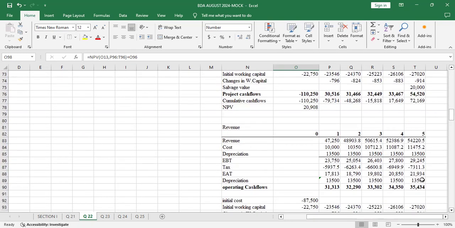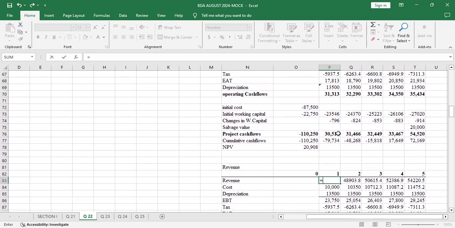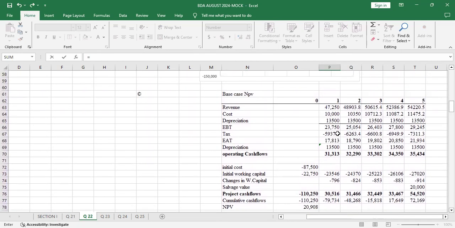This is what we are going to do. We have the base case, so I'll start at year one. Revenue is the only item that will change. These other items remain constant. I'll say equals, and I'll use these base case values. Originally revenue was 47,250 for year one and 54,220 for year 5.